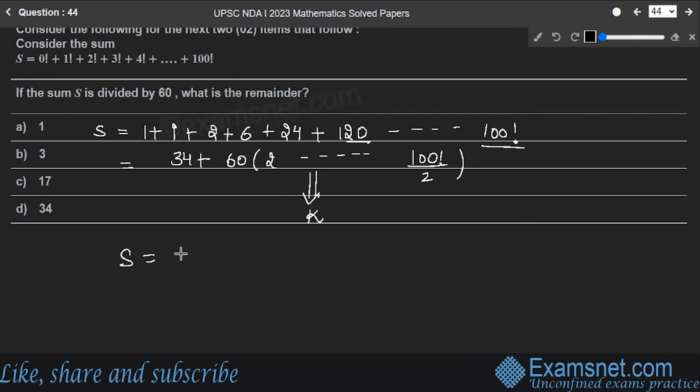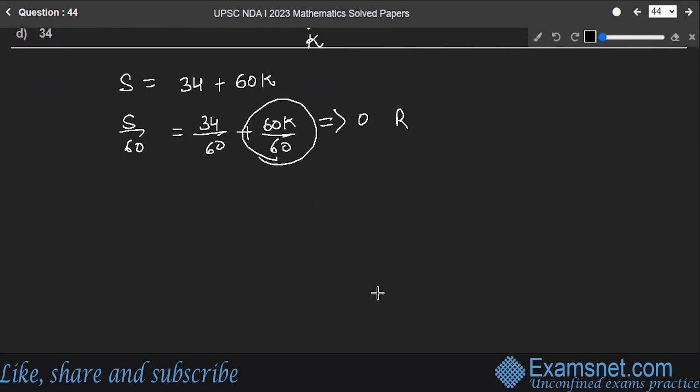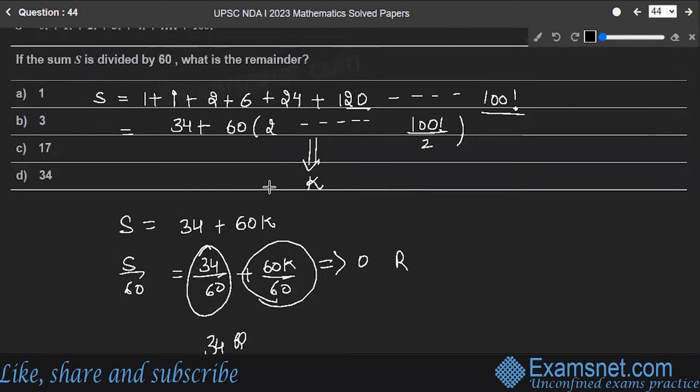So the sum can be written as 34 plus 60k. If I divide this by 60, this will give me 0 remainder. And 34 by 60 is of course going to give me 34 remainder, which means option D is the correct answer. Hope you understood. Let's move to the next question.